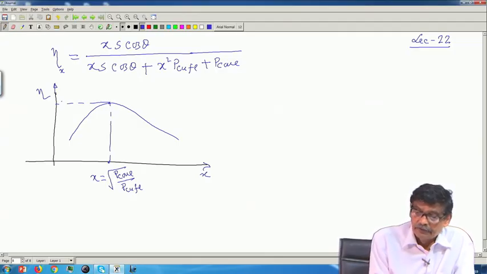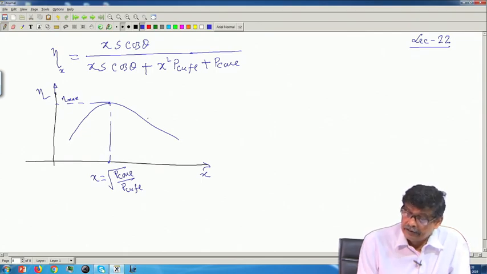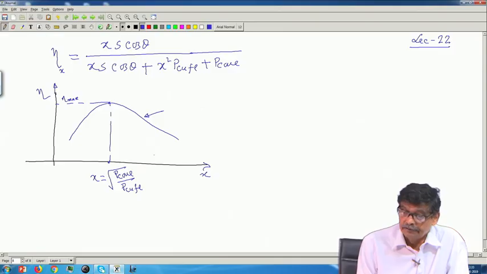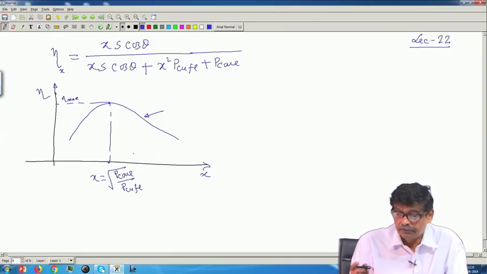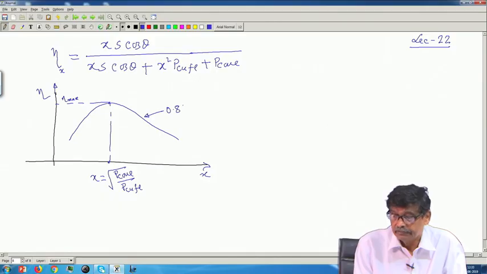This was found, and I told you also, this is important to note, that this curve has been obtained at a fixed power factor. So, tag that, 0.8 power factor.